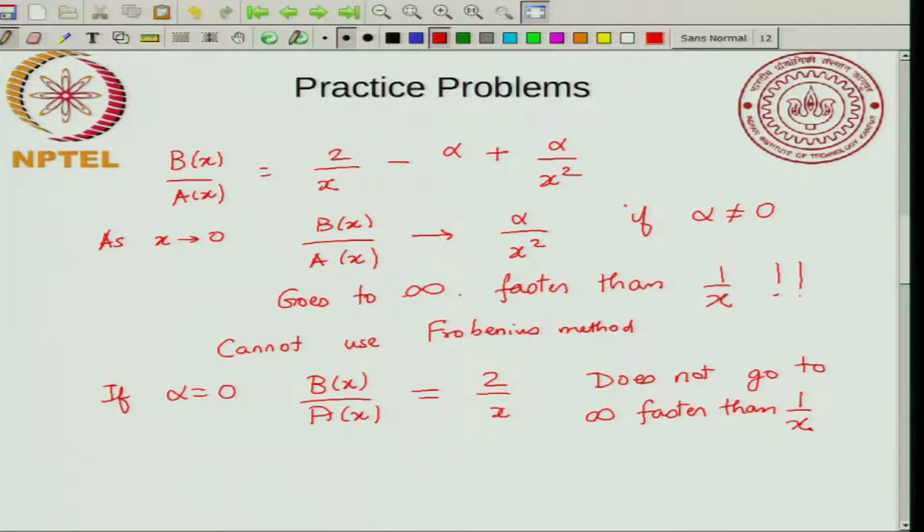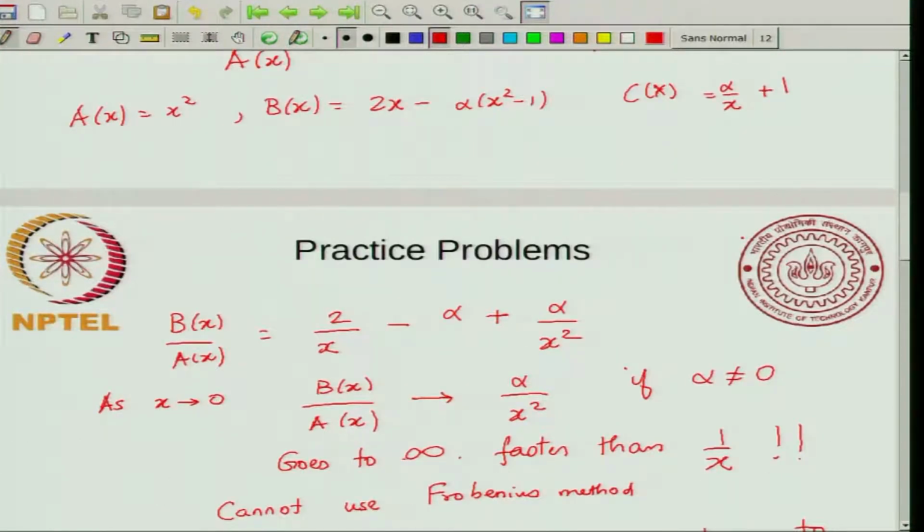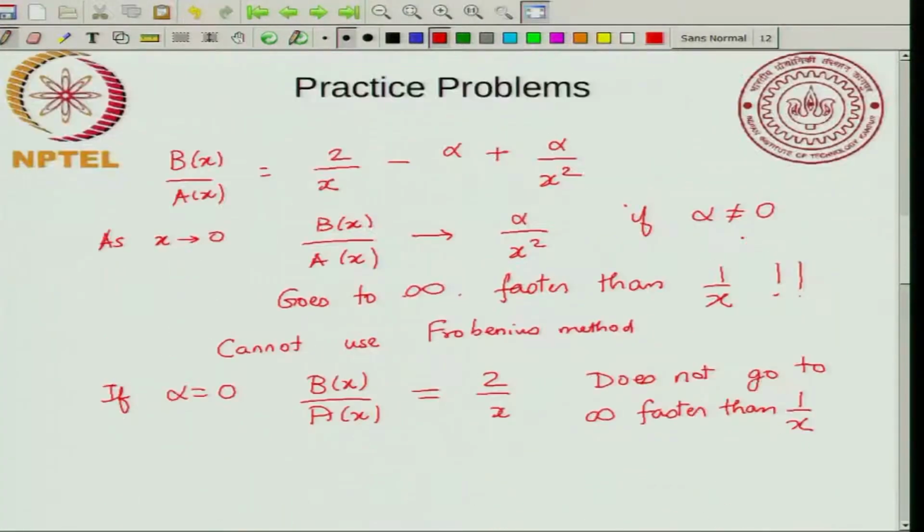So if alpha equal to 0, it appears that at least the b by x by a by x is fine. What about the c by x by a by x? So, c of x is alpha by x plus 1. Now, if alpha equal to 0, then it is just 1.